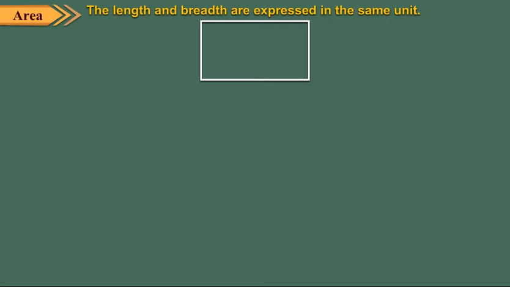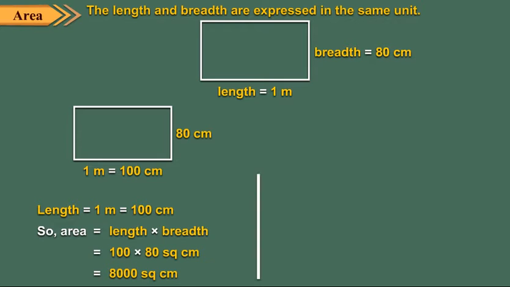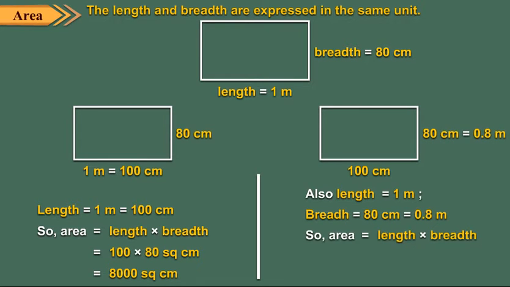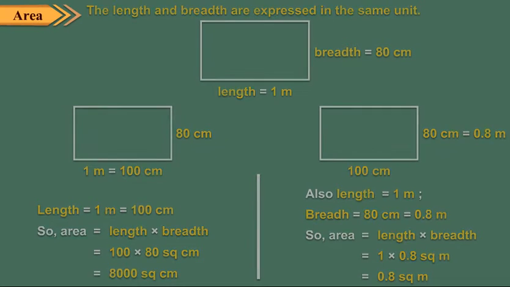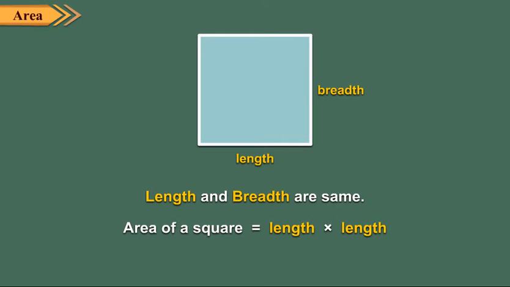For example, to find the area of a rectangle of length 1 meter and breadth 80 centimeters, either we express 1 meter as centimeters or we express 80 centimeters as meters. Since square is a rectangle whose length and breadth are same, so area of a square is equal to length multiplied by length.